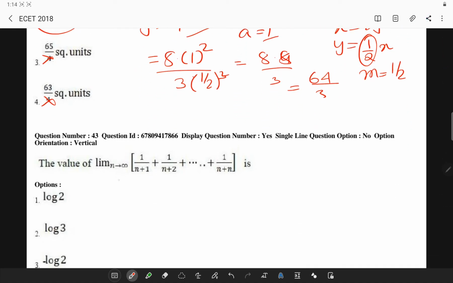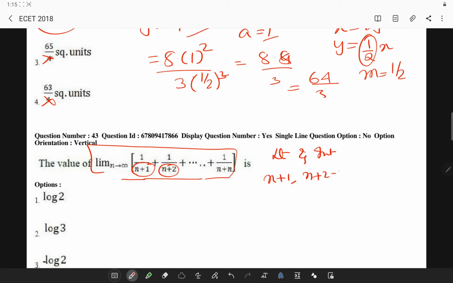So this question is a tough question. The student has to remember this question is related to both limits and integration. So if I take n common, I have a series n plus 1, n plus 2 and so on.